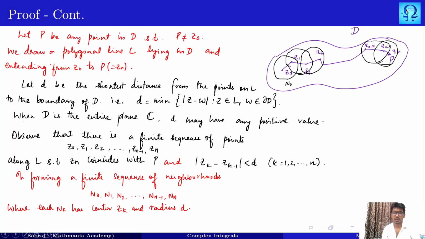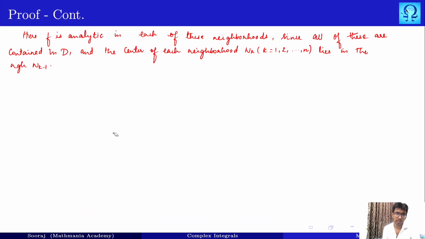That is very obvious, right? If you take the point z1, that is lying in the neighborhood of z0. If you take the point z2, that is lying in the neighborhood of z1. Why is it happening? Just because we have chosen d to be the minimum distance between the points on the line and the boundary, and by our observation we very well noticed that this happens.